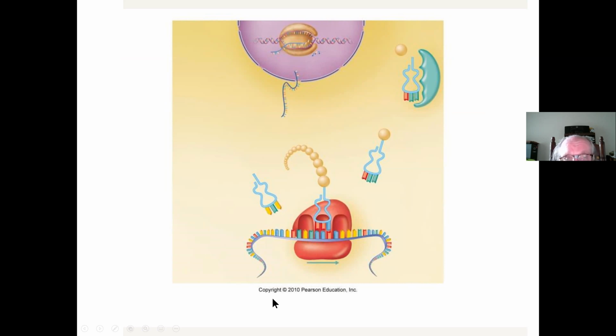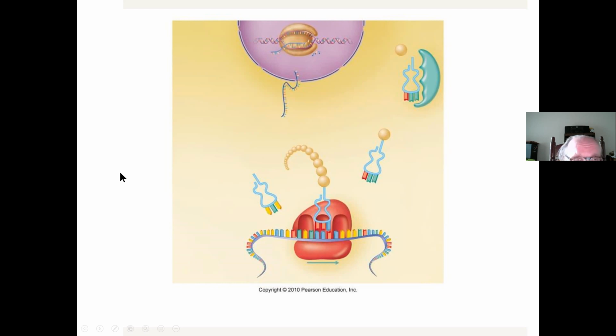On the DNA back here in the nucleus, we had a triplet. So if we had A, T, G, that was our triplet. That was on DNA. That's called a triplet. We then formed a codon on the mRNA.